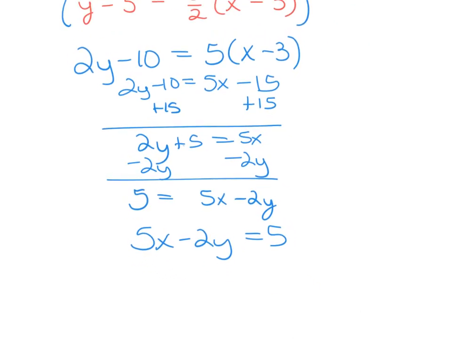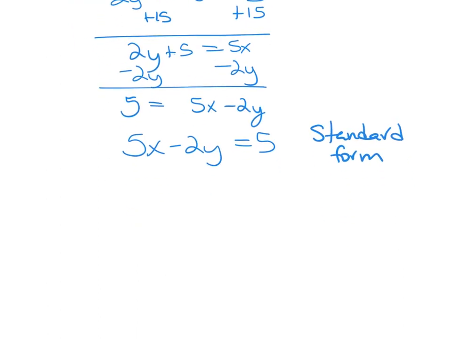Now again, I could have moved the 15 and then move the x, or move the 10 and just divide everything by negative 1. Standard form, no fractions, and x is positive. And let's rearrange it into y equals mx plus b. Now watch what happens. Make sure that your slope, if you're putting it in slope-intercept, does end up being that 5 over 2, that opposite reciprocal.